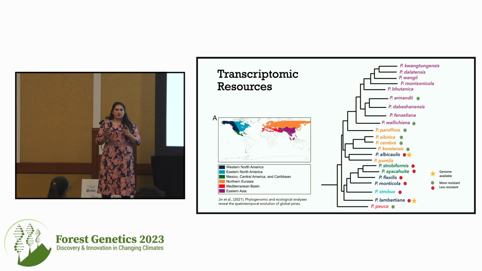I took those RNA sequencing samples from this paper and from a couple of other papers, and reassembled those transcriptomes so that I could get a representation of the gene space. But like I said, we do have genome sequences available for Pinus albicaulis, which is the whitebark pine, and Pinus lambertiana, which is sugar pine.